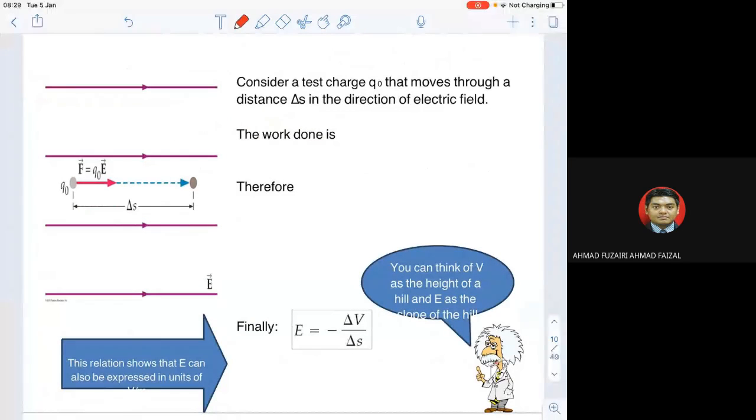Consider a test charge Q naught that moves through a distance delta S, a simple displacement in the direction of the electric field. As I said before, we have a positive charge. Let's say this is your electric field.